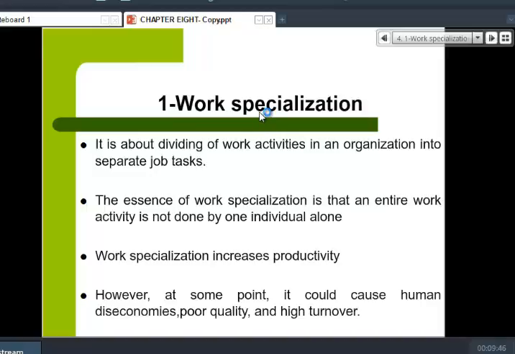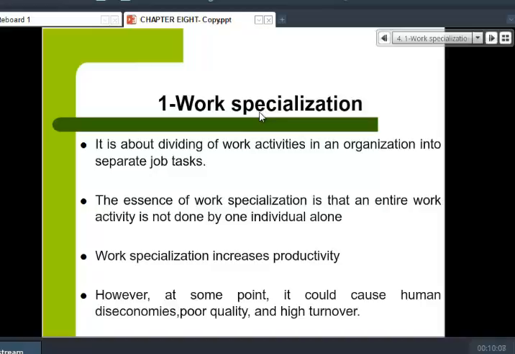It's about dividing the work activities in the organization into separate job tasks. So work specialization means dividing, or giving a name to, each department according to the nature of the work of that particular division.